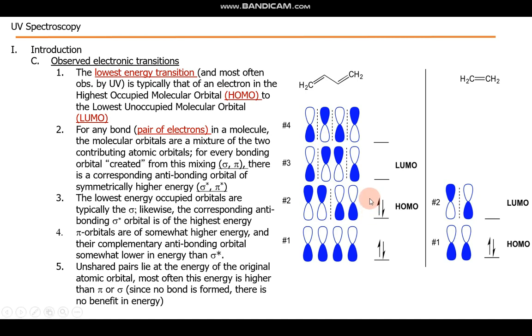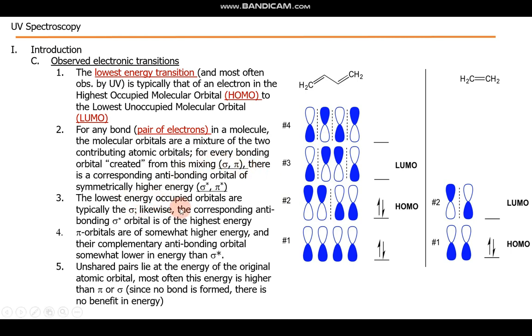Similarly, these transitions are of several types. Whenever you talk about the single bonded electronic structure, single bonded molecules, for example, alkanes, etc., these transitions would take place from sigma to sigma star. Whenever you talk about pi bonding systems, in which bonding molecular orbital will be pi and corresponding anti-bonding molecular orbital will be pi star. The transitions would take place from sigma to sigma star, from pi to pi star, and from the non-bonding to the anti-bonding molecular orbitals.